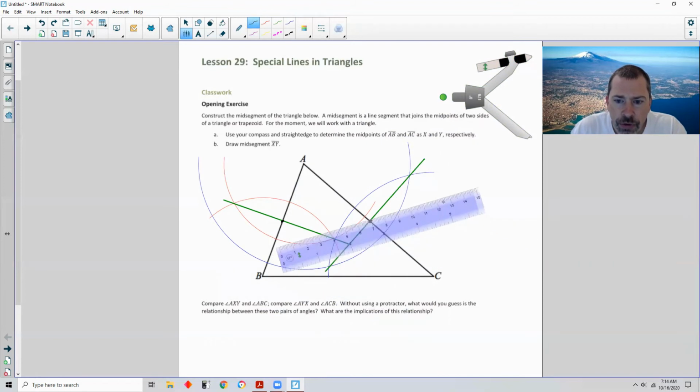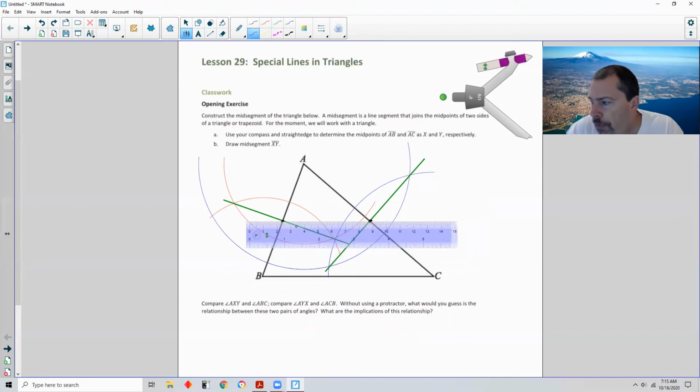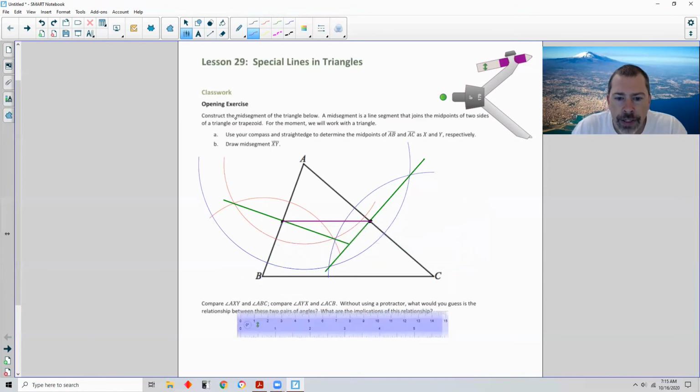So now I'm going to draw what it asked for, and that is a segment. Let's use purple. And I'm going to draw it from here to here. Okay, so there were 2 arcs to find the center of AB, 2 arcs to find the center of AC, and using a ruler, we find the midpoint. Okay, so then we draw from the midpoint of AB to the midpoint of AC.